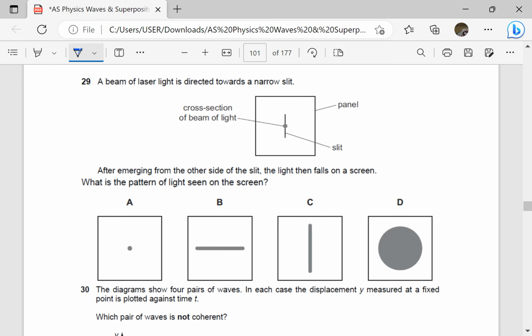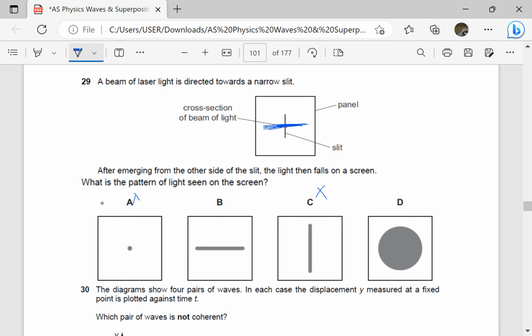So because it is passing through a narrow slit, we expect it to undergo diffraction, and the diffraction is going to be symmetrical in the horizontal plane rather than in the vertical plane. So that means we ignore A and we ignore C.